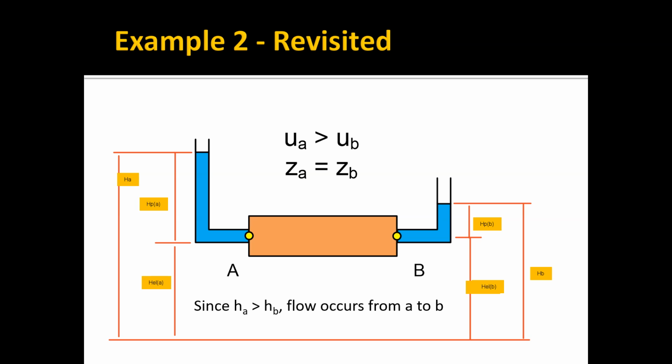Again, since the total head at point A is greater than the total head of point B, water flows from A to B. And in this case, the pore pressure at A is greater than B. If you look just at the height to which water would rise above the points, there's a higher pore pressure at A than B. The elevations are the same, but total head is a combination of both pressure head and elevation head, and water always flows from high head to low head.